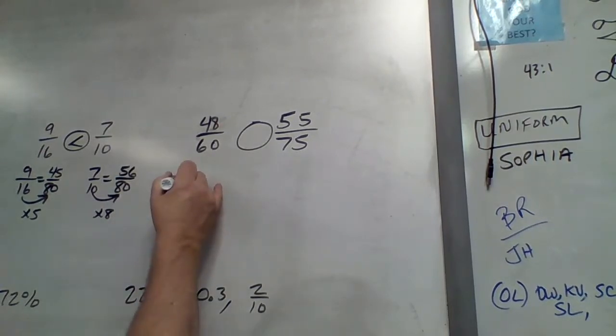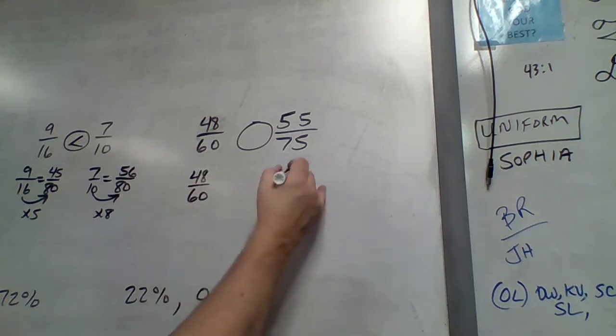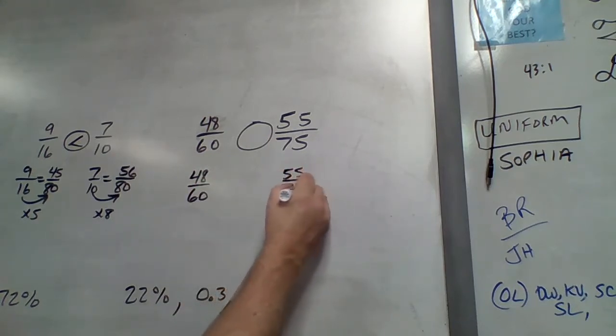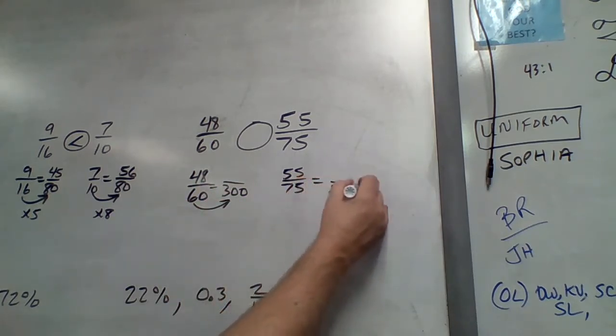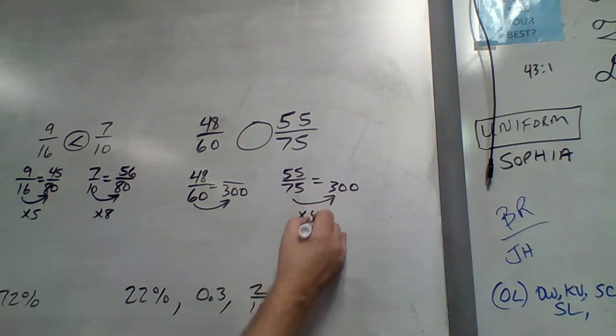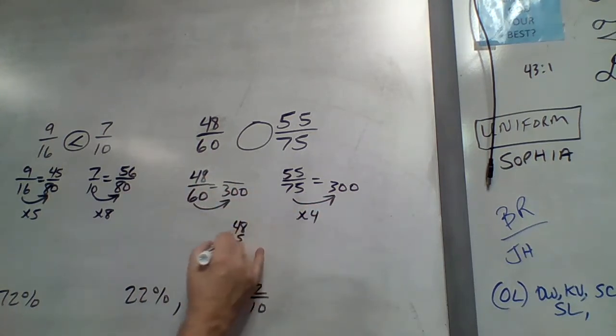Oh boy, here's a toughie. What's the common multiple of these two numbers? I happen to know that it's 300. So down here we're multiplying by 5. Over here we're multiplying by 4. 48 times 5, I don't know what that is.